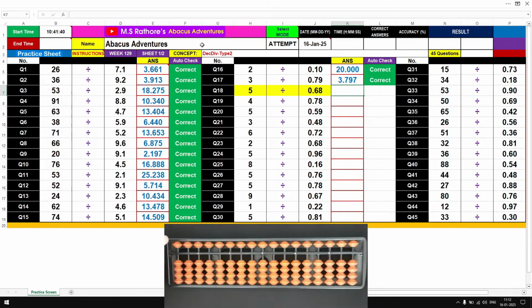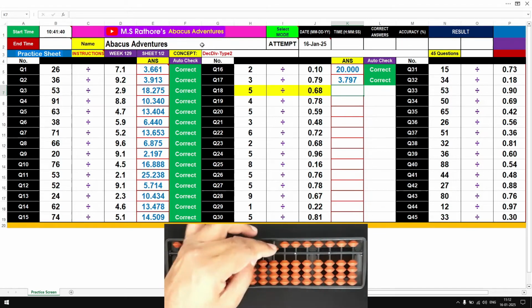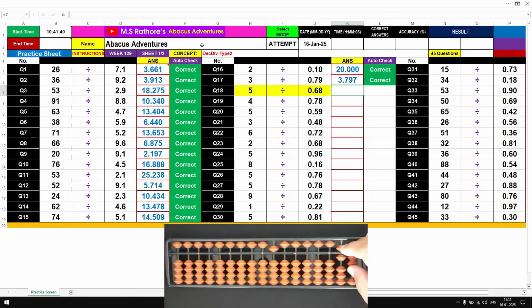Question number 18, 5 divided by 68. I am treating both the values as normal values because I have placed the dividend correctly on rod number 0. My finger is below 5, it doesn't work.